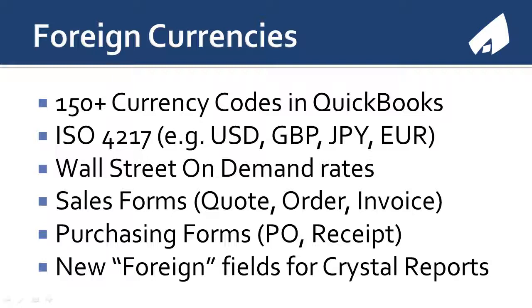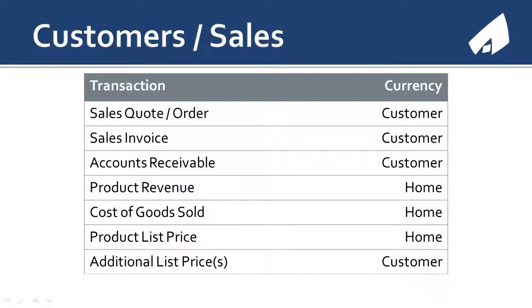If your customer utilizes euros, for example, and our home currency is US dollar, again, there won't be any necessary customizations for the sales forms because those standard forms come pre-filled with formulas which account for those multiple currencies. The same goes for vendors utilizing other currencies. The PO and receipt forms account for this alternate currency. There's not really any need for new customizations for any of the standard reports.